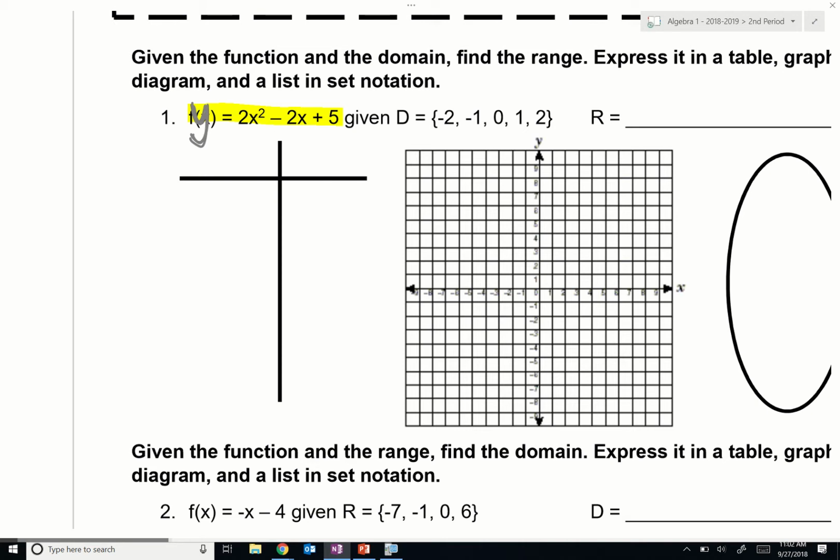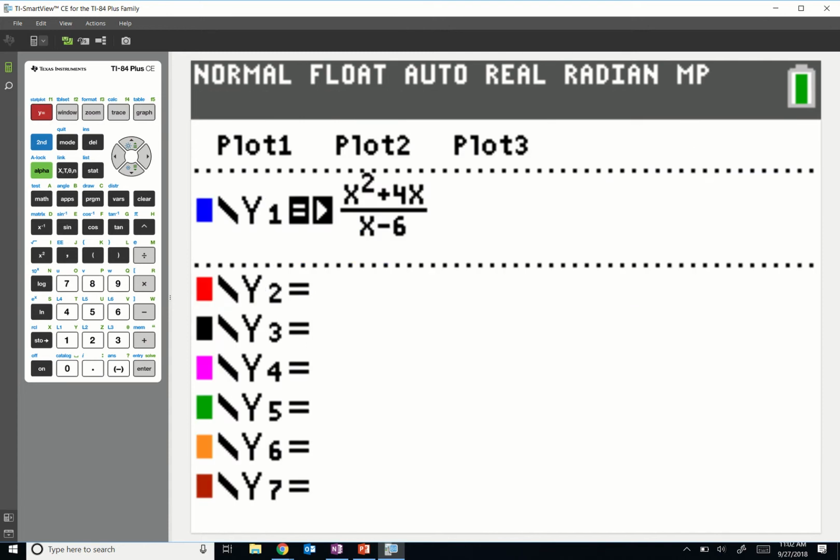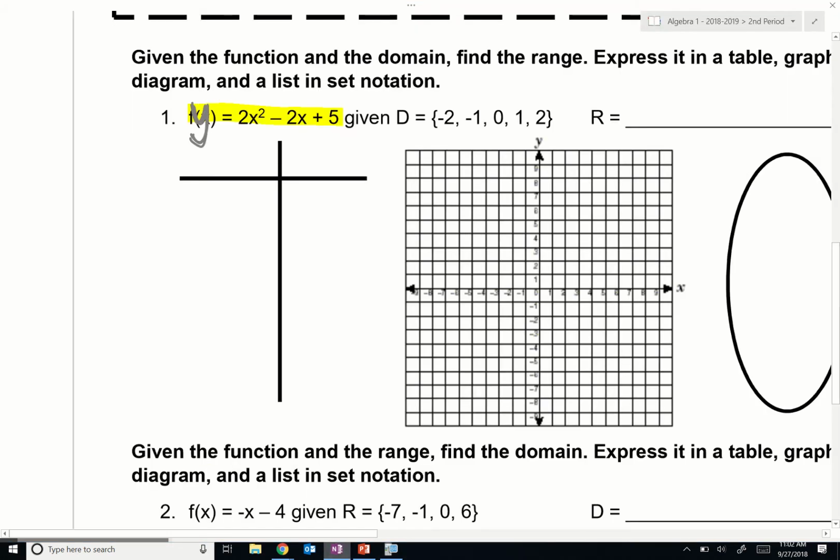What I want you all to do is go in your calculator right now. We're going to type into our y equals screen the equation: 2x squared minus 2x plus 5. We've got that typed in. This is awesome. I'm going to show you how to make sure your answers are right from here on out.